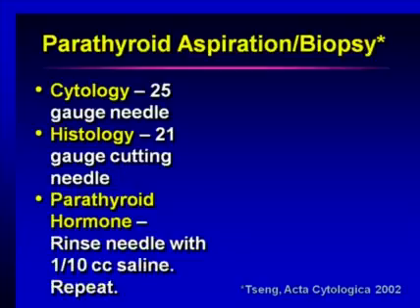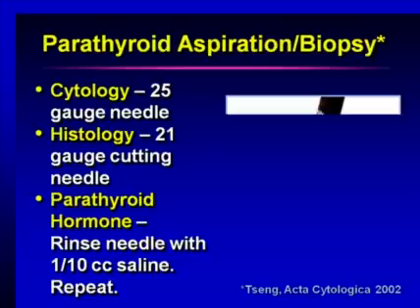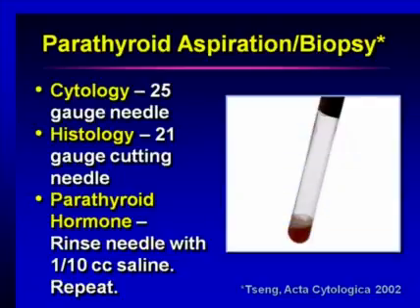But perhaps the best method, and the one that is in most wide use now, is to send the material for parathyroid hormone analysis. This is called a washout technique, where after the small caliber needle, such as the 25 gauge needle, has been inserted into the mass, it's washed with saline that's repeated several times.